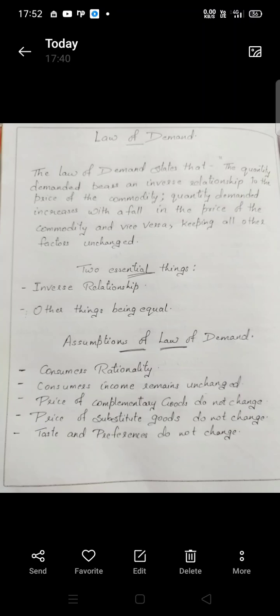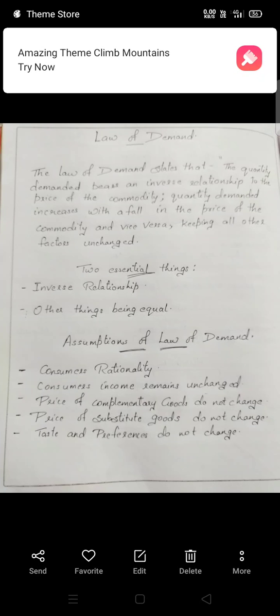But if you want to see this inverse relationship, then it is necessary to keep all the other factors constant, the determinants of demand, as I said. So in the definition it is said that the law of demand states an inverse relationship between price and quantity demanded, keeping other factors constant.